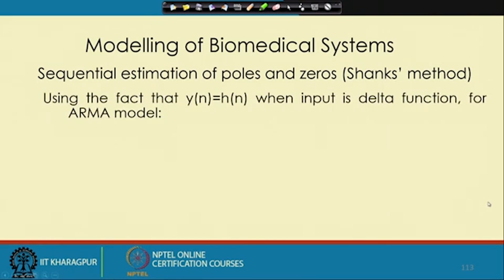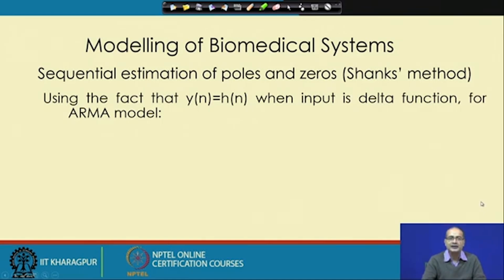Next thing that Shanks has assumed is that this signal Yn is nothing but the impulse response of the ARMA model we are trying to estimate.